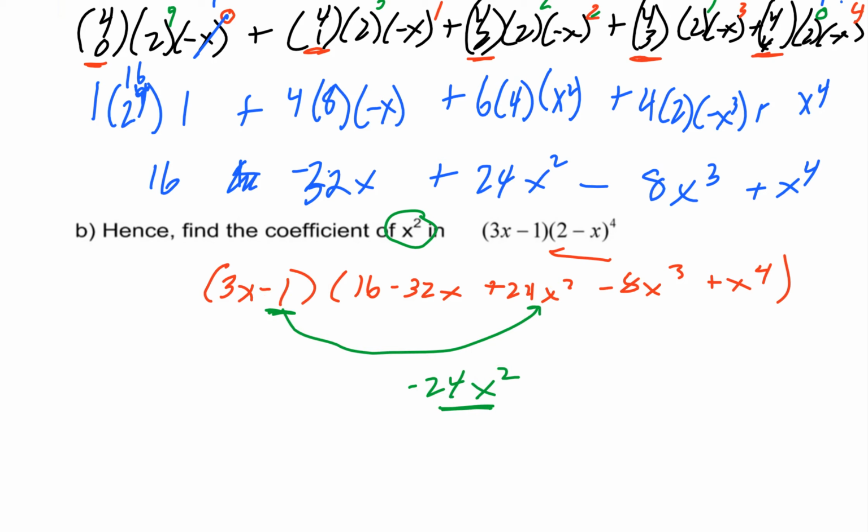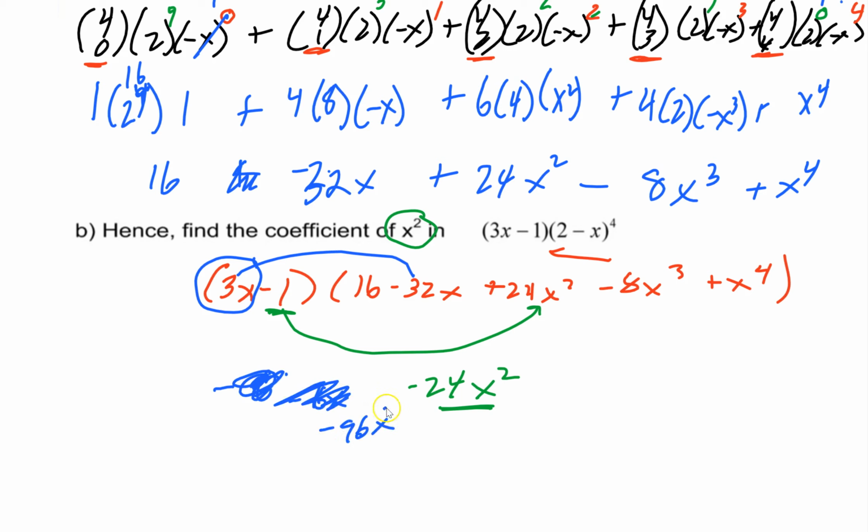Not done yet, though. I've got to multiply 3x by all of these, right? Which am I going to care about, though? This times this gets me an x. 3x times negative 32, when I multiply those two, I'm going to get an x squared. I'm going to get negative 96. I can do math. Oh, where's the 6? Oh, that's terrible, sorry, guys.